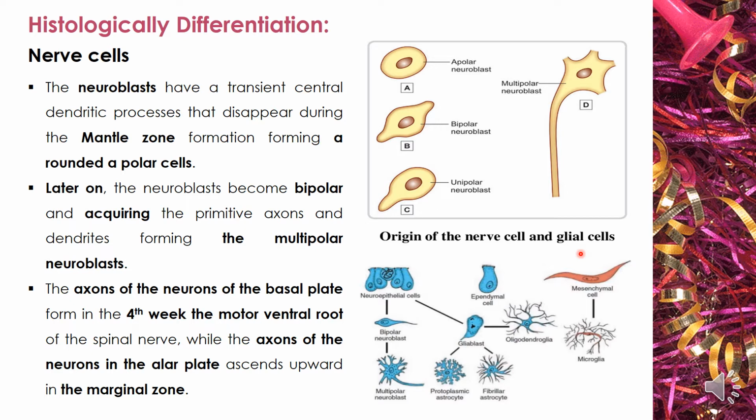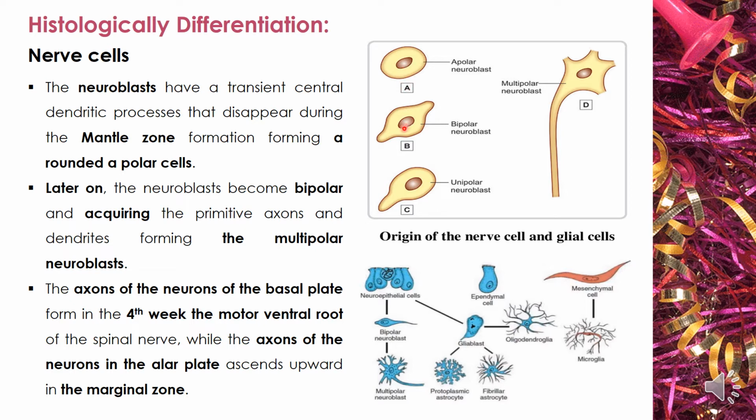Now, histological differentiation of the nerve cells. The neuroblasts have a transient central dendrite process. These dendrites disappear during the mantle zone formation, forming rounded apolar cells.